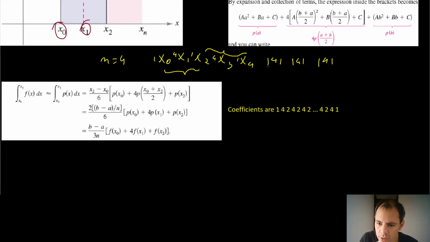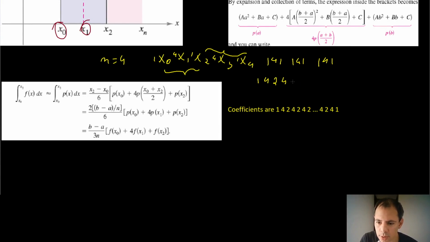Okay, so what do you have in here? You have x0, which is going to be 1, and then you have x1, which is going to be 4, and then you have x2. But here, this is x2, and this is also x2. So when you add them together, you're going to have 2x2. And then you have, okay, 0, 1, 2, 2, 3. Okay, so this is x3, which is going to be 4. And then you have 0, 1, 2, 2, 3, 4. Okay, this is x4 right here, which is going to be once, but x4 is also being used in here.